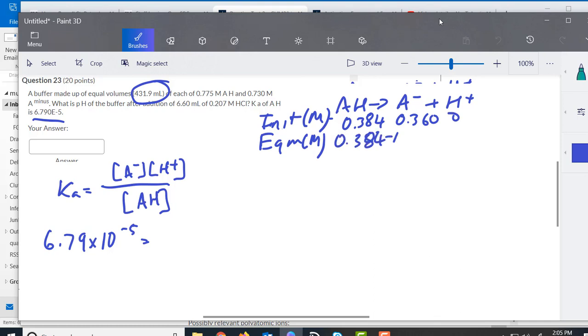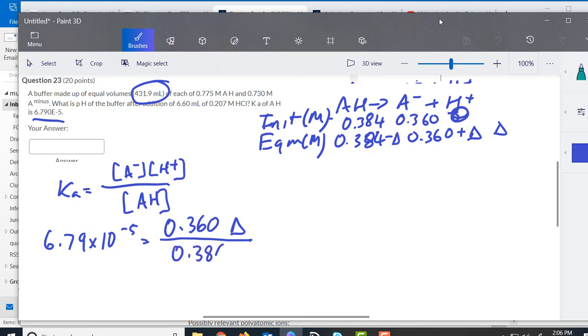Now remember, we already made the assumption about these guys here that these would equal the values that we have. And what we can do then is just take these values with the assumptions here. The A minus 0.360 and the AH, which is 0.384.